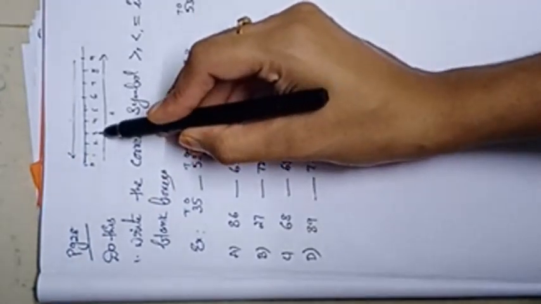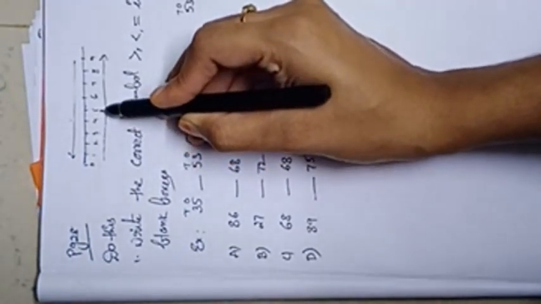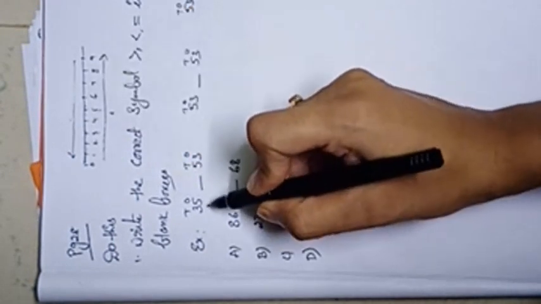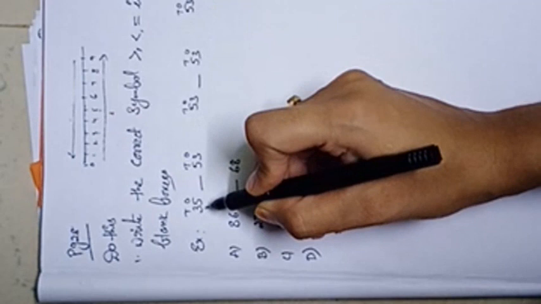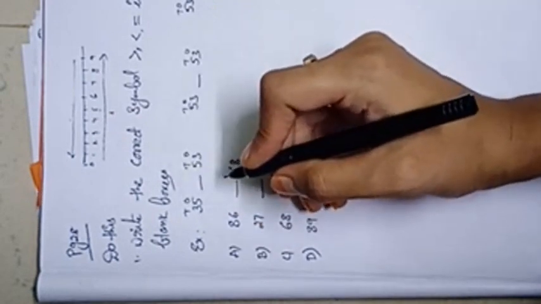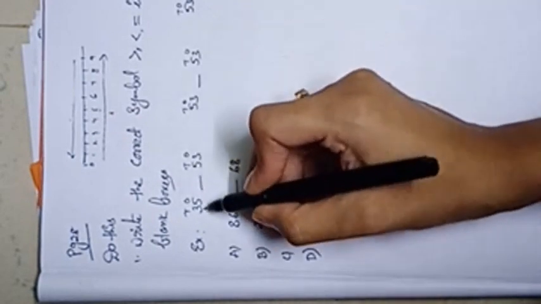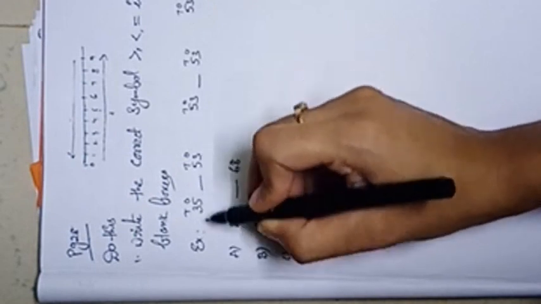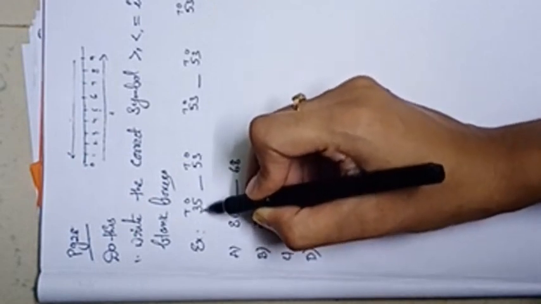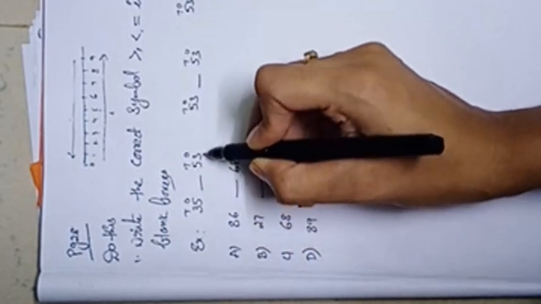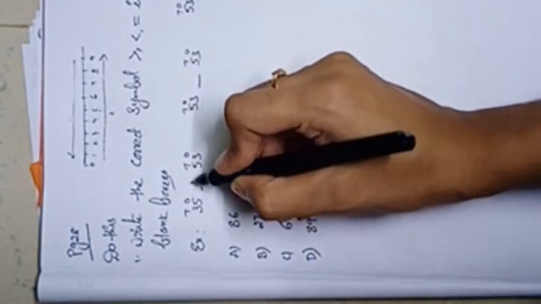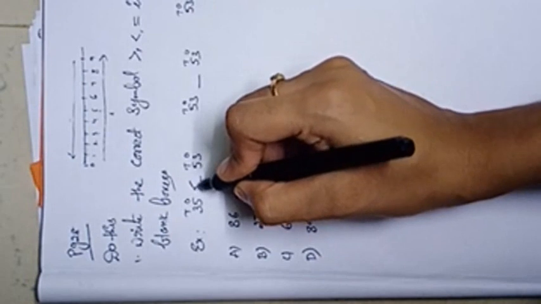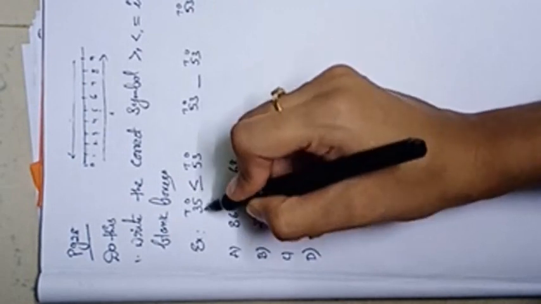See, 3 is smaller than 5. So what you understood? 5 is greater than 3. So the crocodile wants to eat the bigger number. Already here you got confirmation that 53 is bigger than 35. First you read the numbers: 3, 5, 35; 5, 3, 53. 5 is bigger than 3.